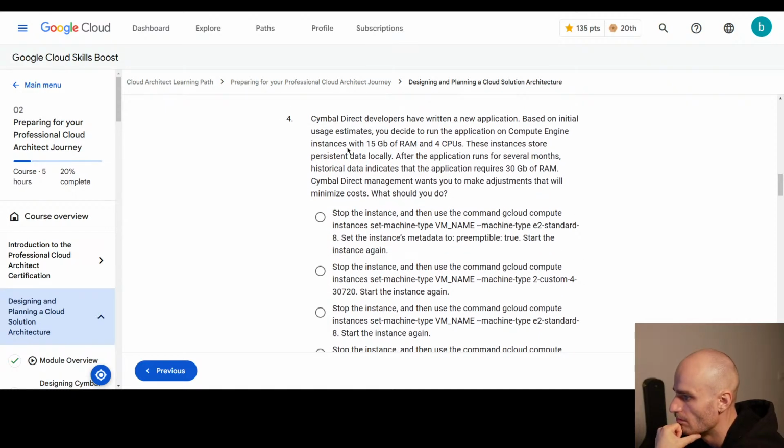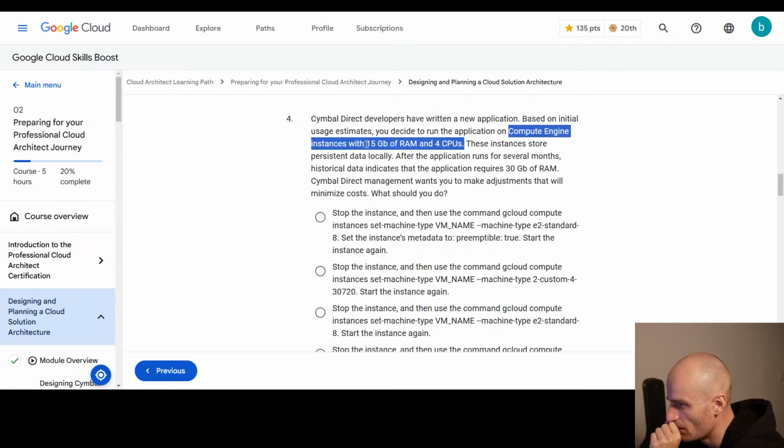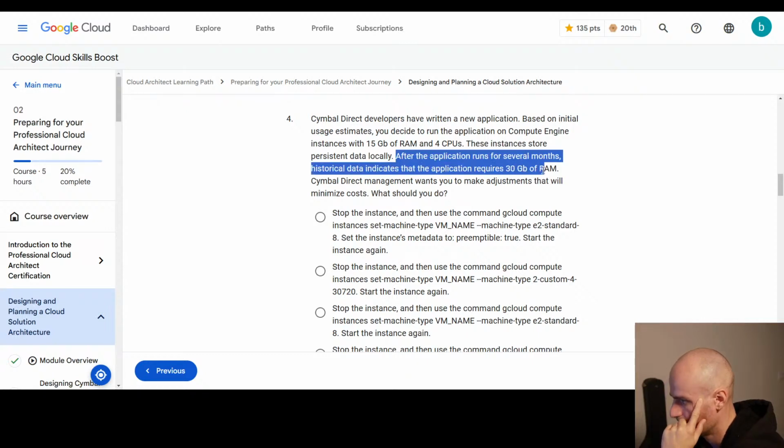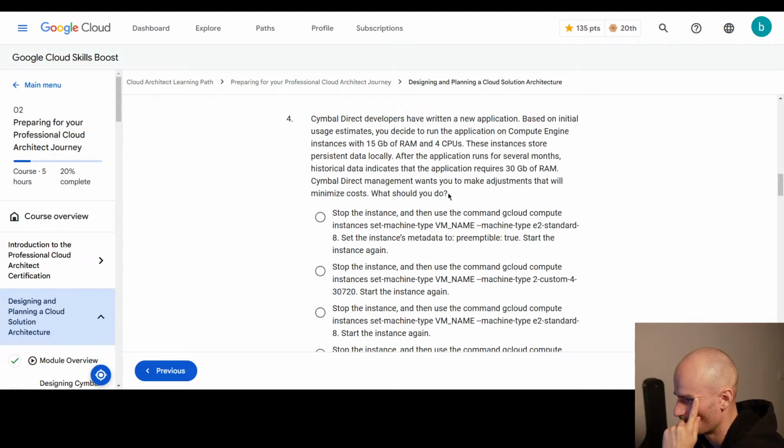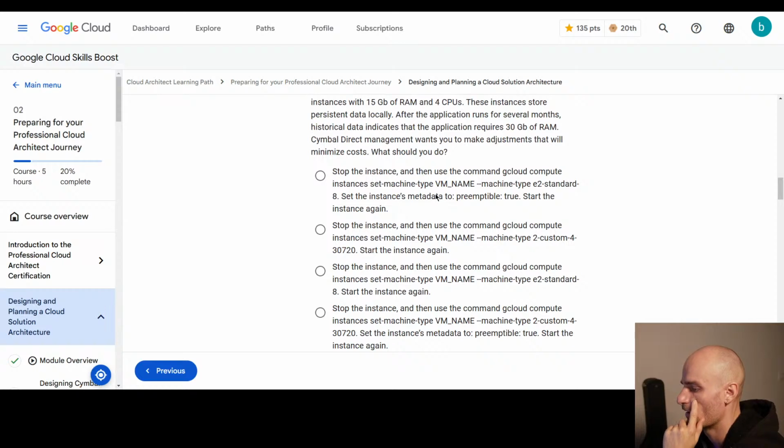So the application runs on Compute Engine of 15 GB and 4 CPU. So let's see the options.